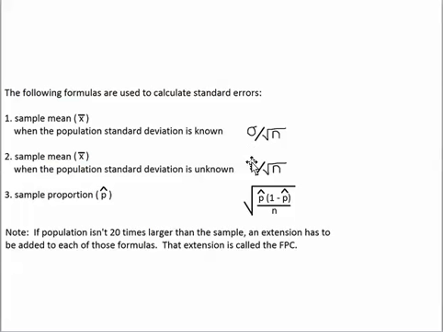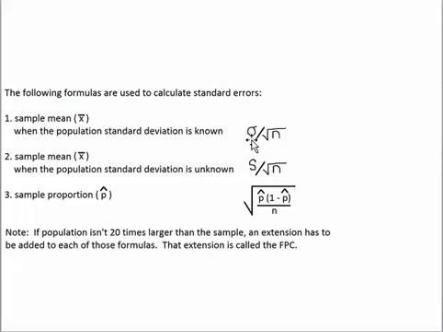And this is the formula that's used in that situation. You calculate the standard deviation of your sample and divide that standard deviation by the square root of your sample size. And the standard deviation of your sample is an estimate of the unknown population standard deviation. So in this situation, you don't actually know how much dispersion is in the population, but your sample standard deviation, which measures the amount of dispersion in your sample, can help you get a rough idea of how much dispersion is in the population.